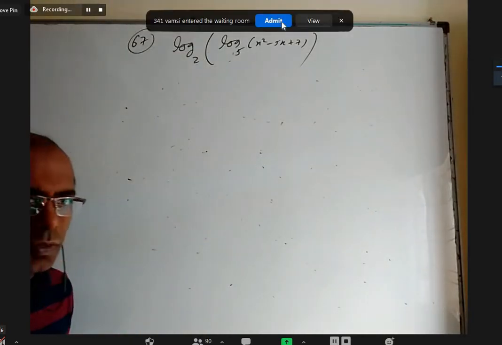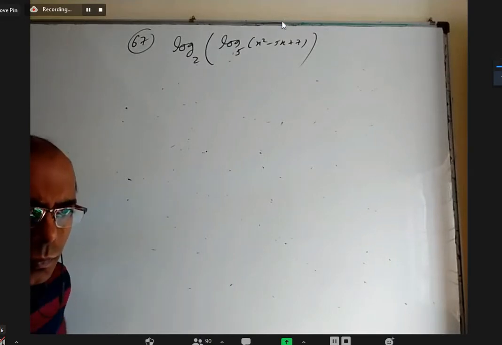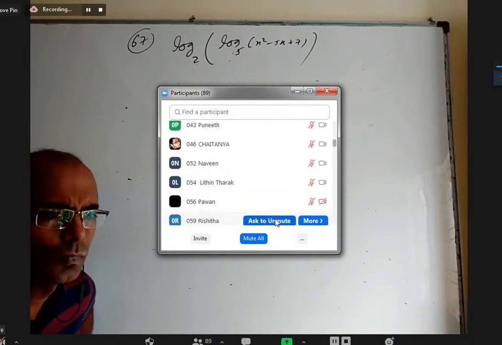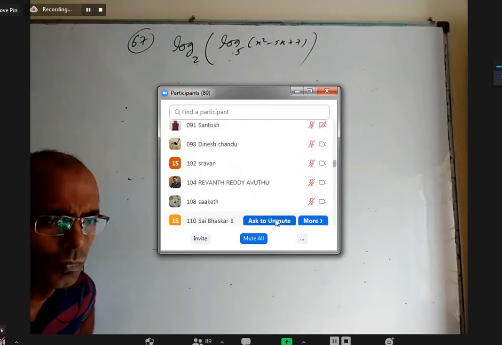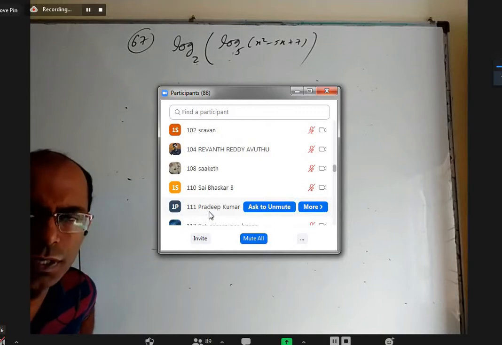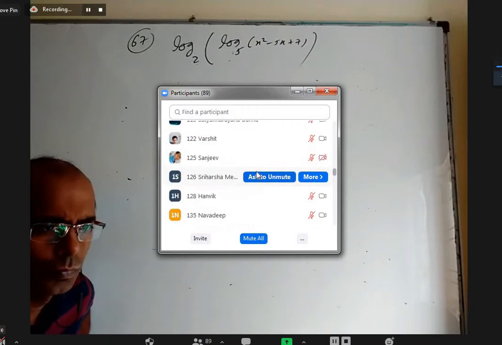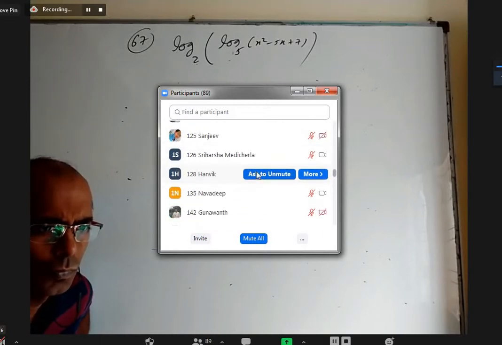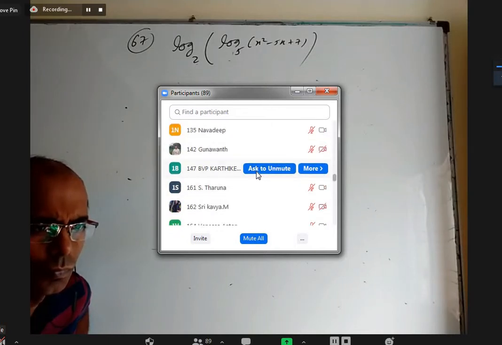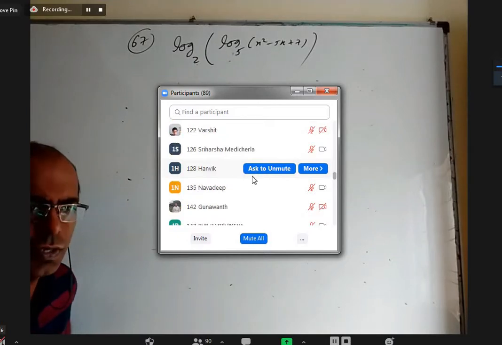Sanjeev, roll number 125, are you there? Hello, sir. Were you there in yesterday's class, Sanjeev?